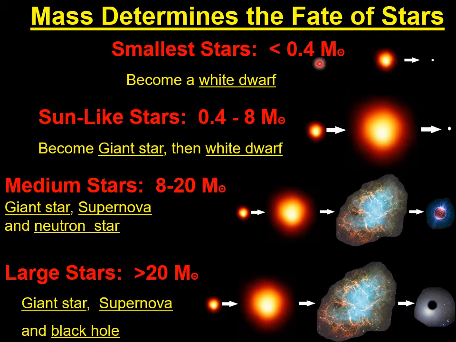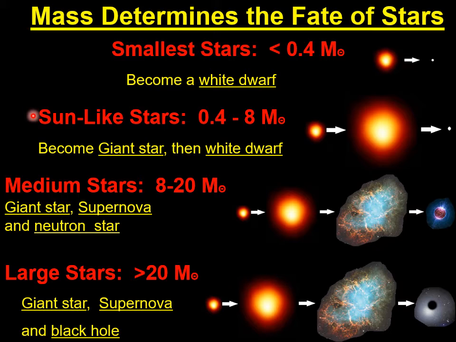Stars less than about 40% of the mass of our sun become a white dwarf. And this is a very peaceful transition. The star basically runs out of fuel and gravity just sort of squeezes it down into this little compact remnant of what it used to be. It still has a lot of mass, but it has hardly any size. It's about the size of our Earth. And this is called a white dwarf.